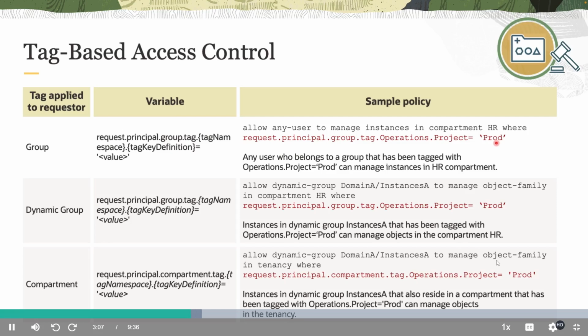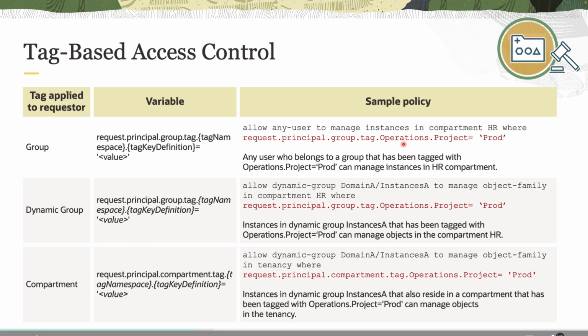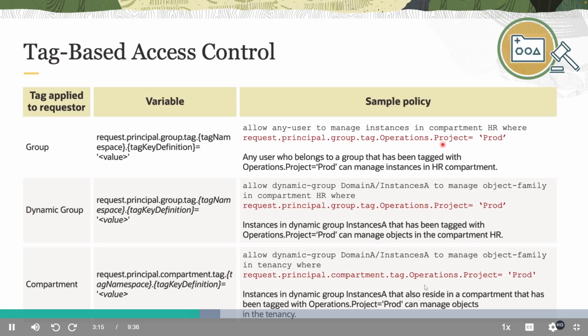And please remember that a tag will always have a key value pair, and with a namespace you have more structured tagging. So any group that has been tagged with this particular tag value and the user who belongs to that group can manage instances in the HR compartment.